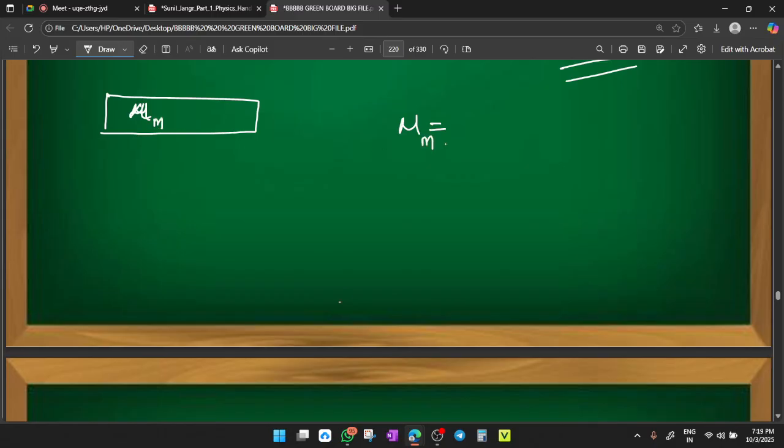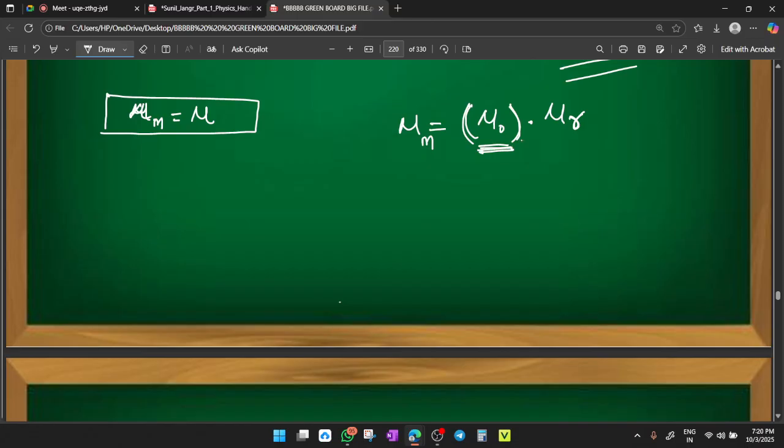Suppose this is mu medium. So mu medium is exactly some multiple of the permeability of air, because this is the fundamental basic reference permeability of air. So it will be some multiplication of the fundamental permeability.